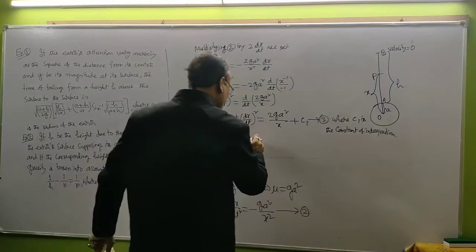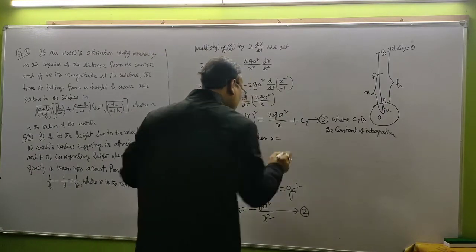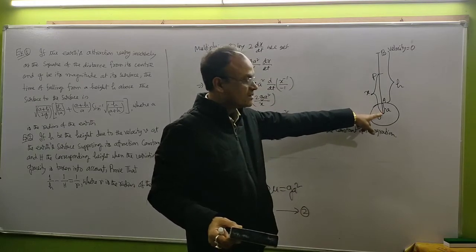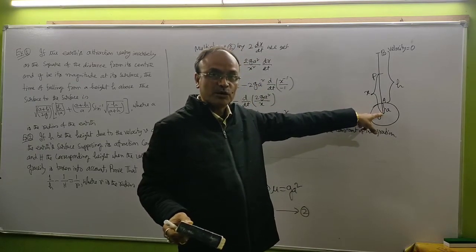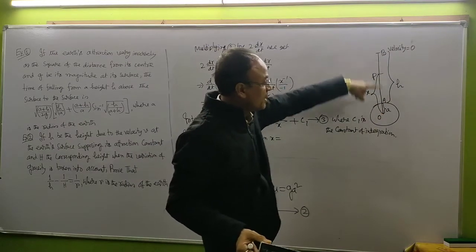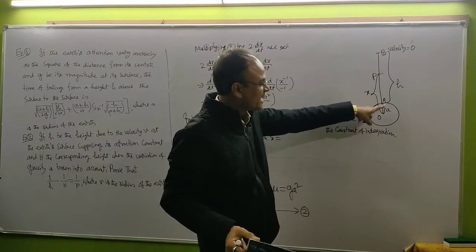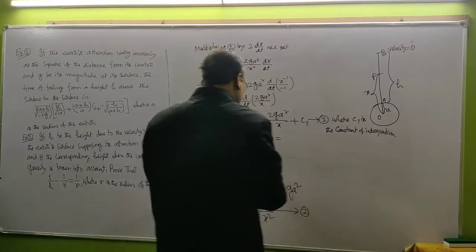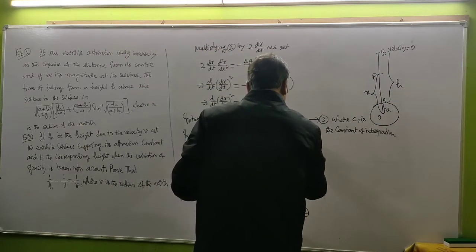X, what is X? Measure the distance from the point O, the center of the earth. From O to A it is A, from A to B it is H. Therefore, X is equal to A plus H.